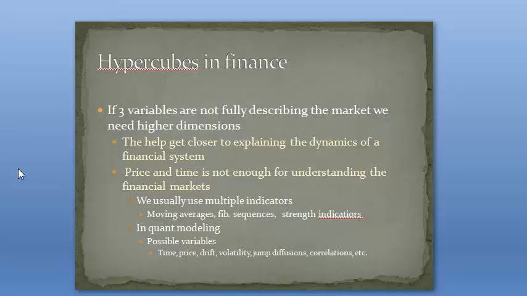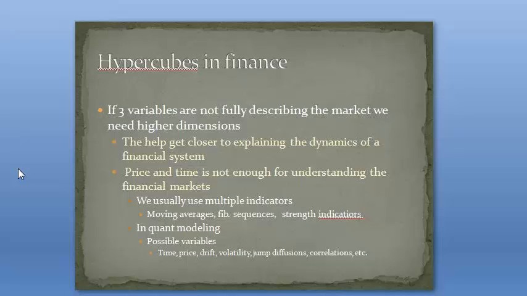So if 3 variables are not fully described in the market, you need higher dimensions. And we can get help from looking at it closer, by understanding the dynamics of the financial system by adding more dimensions.